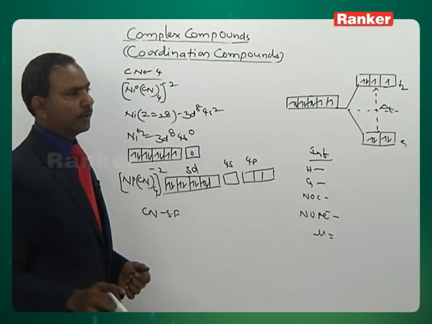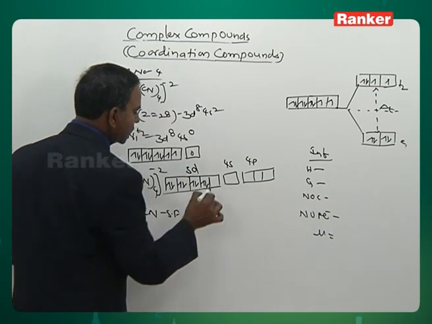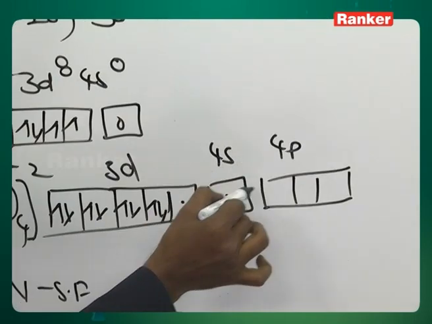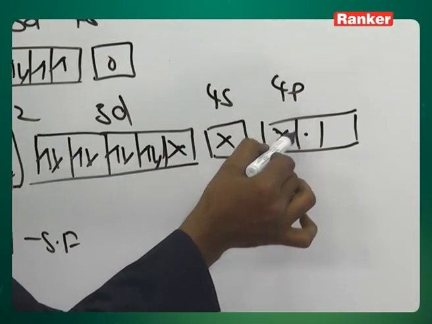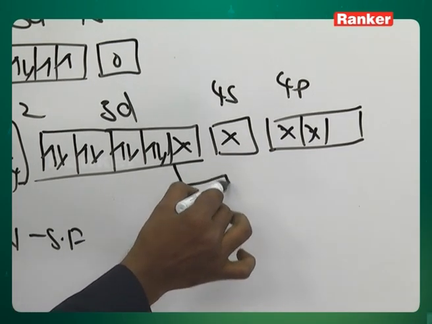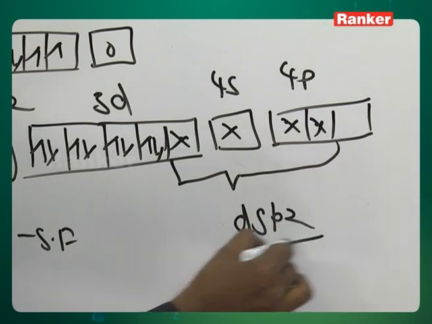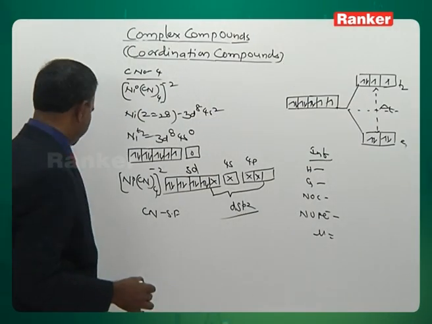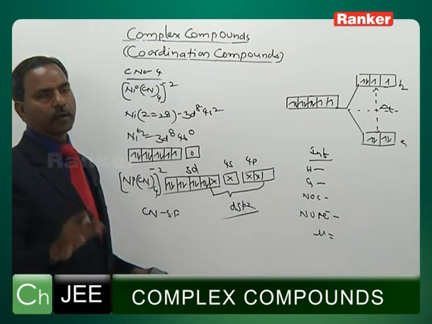One orbital remains vacant. But the coordination number is 4, we require 4 orbitals: 1, 2, 3, 4. Now we clearly understand the hybridization. Here it is dsp2 hybridization.